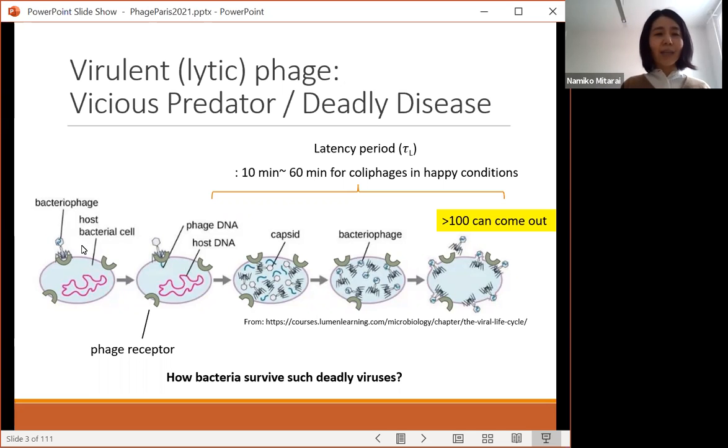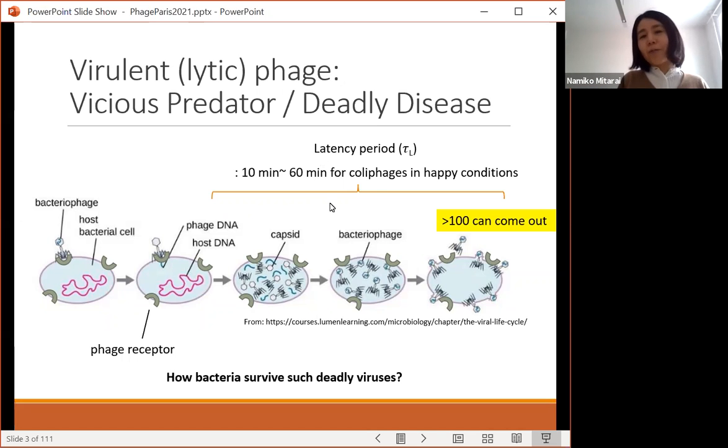It looks like a capsid that carries the genetic material, and then tail fibers that recognize the normally host-specific protein expressed on the surface. Then they eject the DNA or the RNA, which is copied into many of their own copies, and after a certain time, they come out by making a hole in the host cells.